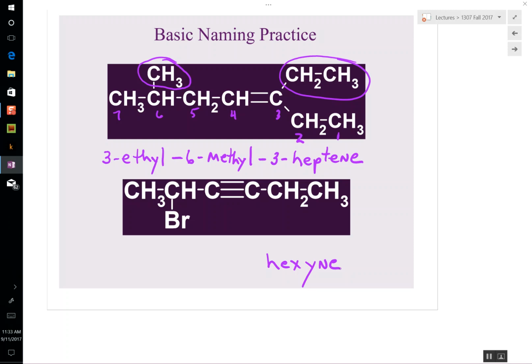It's 3-hexyne no matter which end I start counting on, right? But if I start here, the bromo gets a lower number. It gets the number 2 instead of the number 5. And that's why we like that. 2-bromo-3-hexyne.